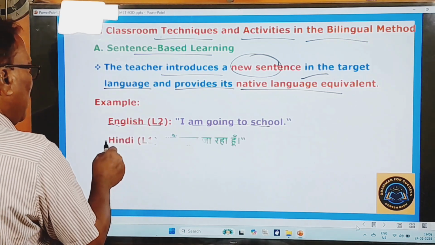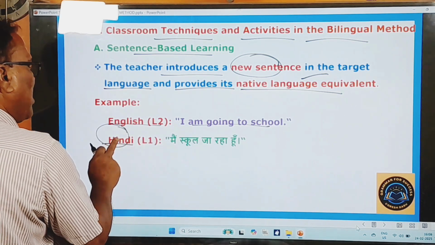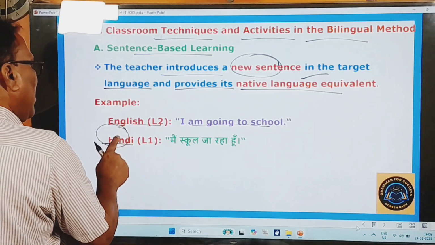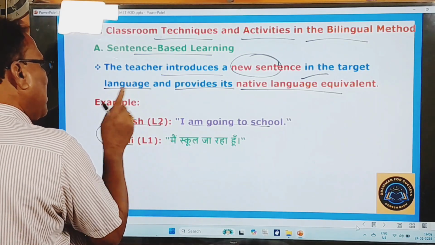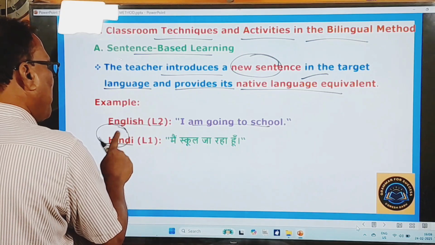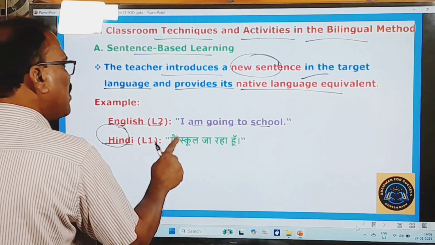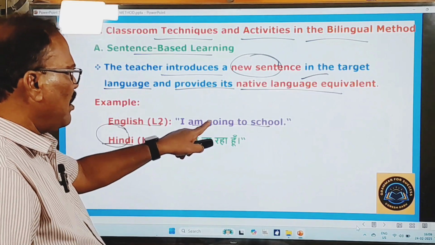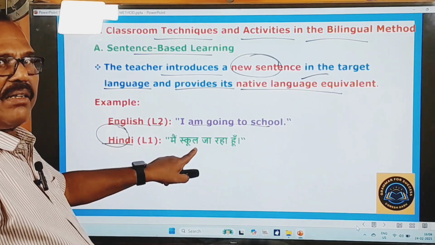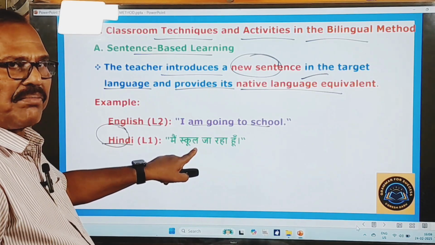If there are Hindi speaking students, their mother tongue is Hindi, their native language is Hindi. Therefore, for Hindi speaking people, L1 is Hindi. "I am going to school": "main school ja raha hoon." The meaning of this English sentence is given in the native language. That is L1.